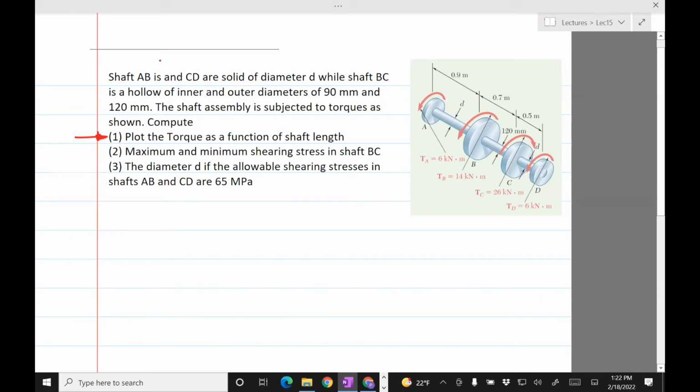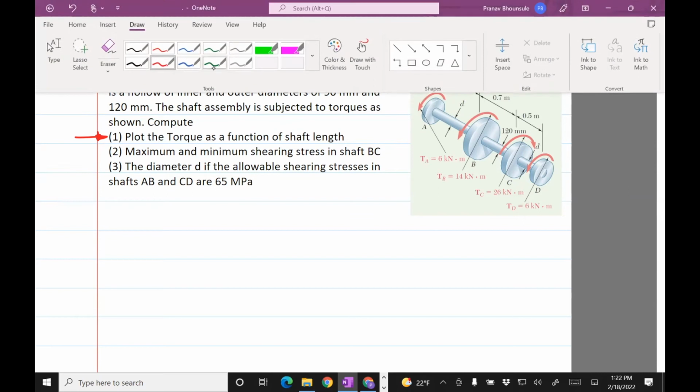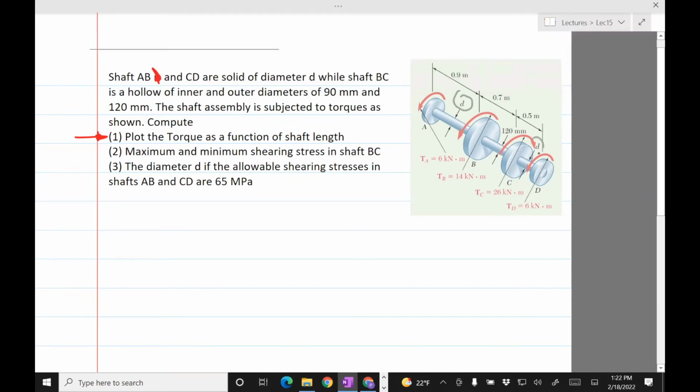So shaft AB and CD are solid of diameter D. Right here, the colors. Well, clearly D is not given. While shaft BC is hollow of inner and outer diameters of 90 and 120 mm.